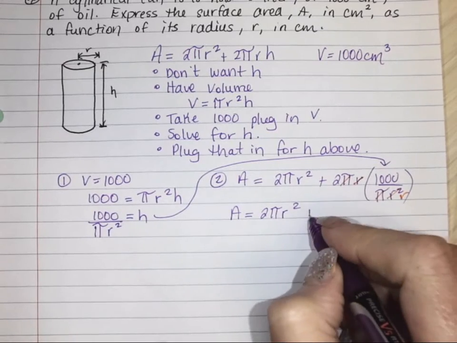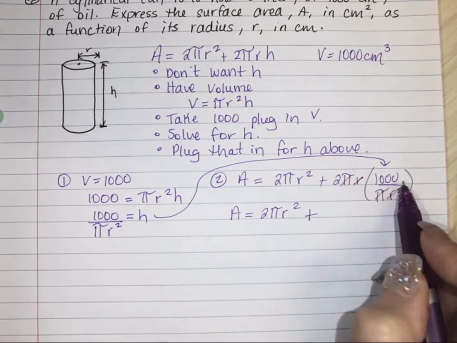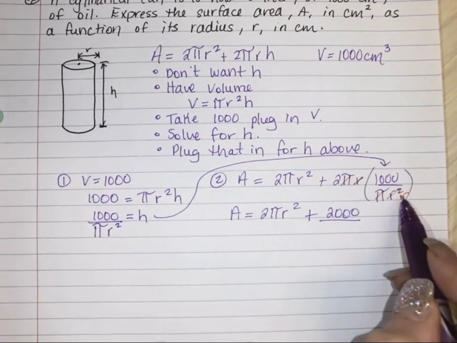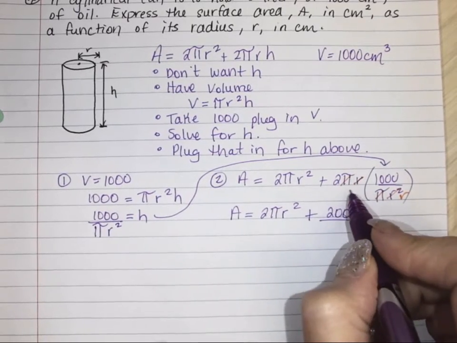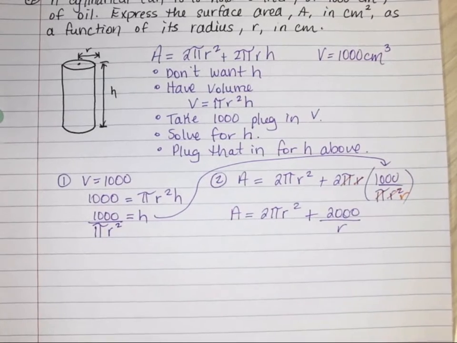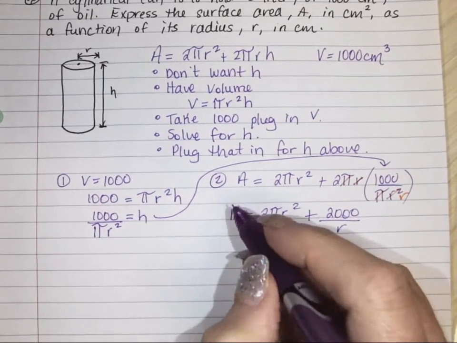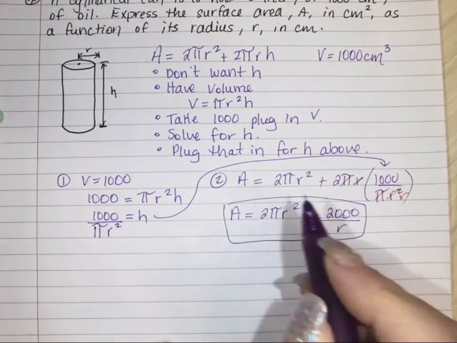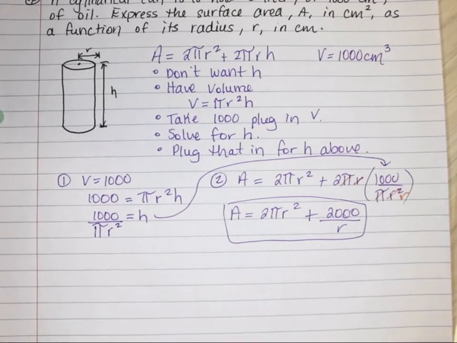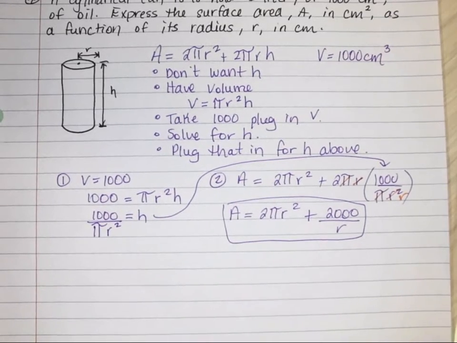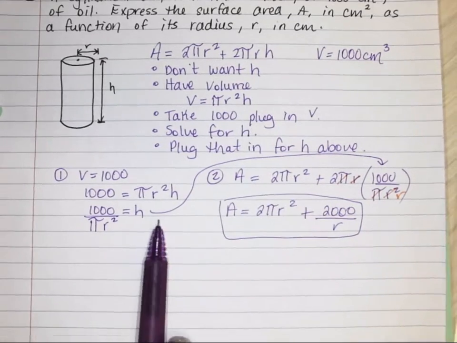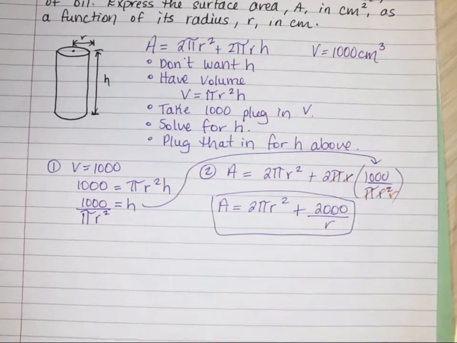So then multiply straight across 2 times 1,000, and then all you have left on the bottom, and remember you treat 1 like 1's in the denominator here, so 1 times r, r. And that's as simplified as you can go. So there's your area expressed all in terms of r. But you had to use the volume information they gave you and use that to solve for H, so you can plug in.